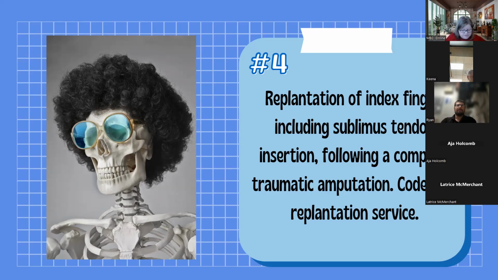Replantation. And it gives us arm, digit, foot, forearm, hand, penis, and thumb. Index finger. So that's going to be on hand. Right, so it gives us 20808.